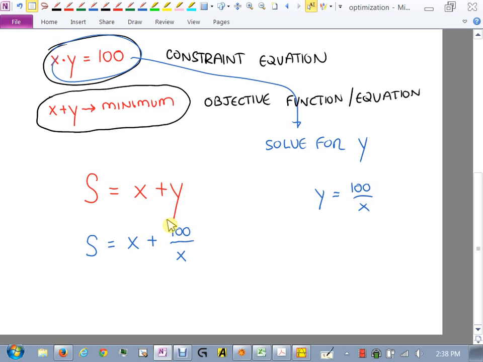Replace y with 100 over x. And now I can even go as far as saying S is not just any old variable. S is actually a function of x, isn't it? The only condition I have here is that x must be positive.